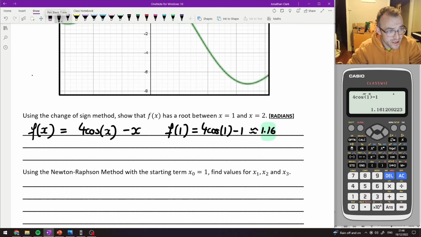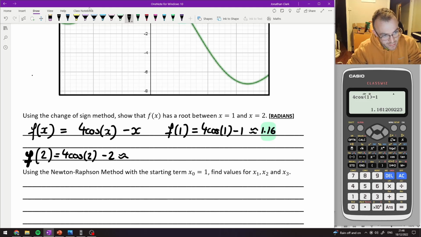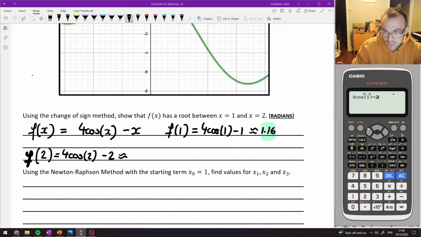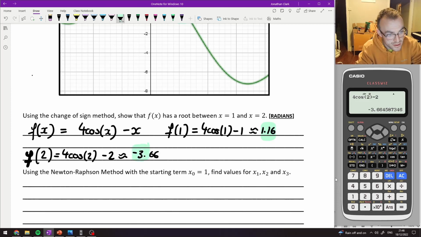So if we evaluate f of 2, pen's a bit chunky, we're hoping that this is going to come out as negative. And indeed it does. So because of the change of sign, we can infer that there must be an answer between 1 and 2.